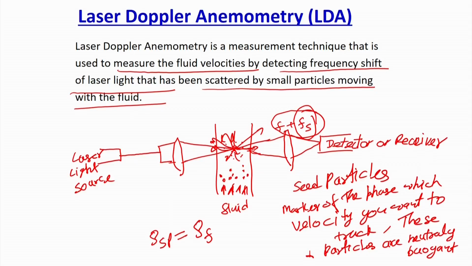So, that is the basic principle of laser Doppler anemometry. Now, how does the Doppler shift happen? Let us assume that a wave is being incidented. This can be a light, ultrasound waves, or radio waves, anything. All will follow the Doppler shift.